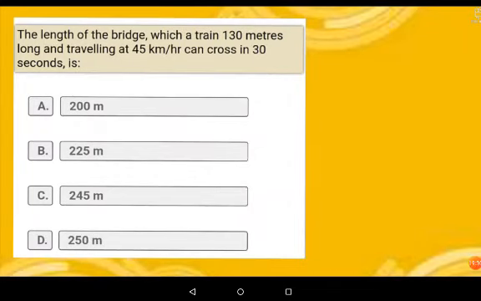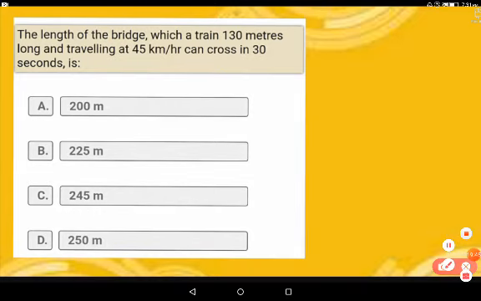Now this is the next question. The length of the bridge which a train 130 meters long and traveling at 45 km per hour can cross in 30 seconds is. So a train is not crossing a point object, but an object of finite length, that is a bridge. When we are calculating speed, the general formula is distance divided by time.